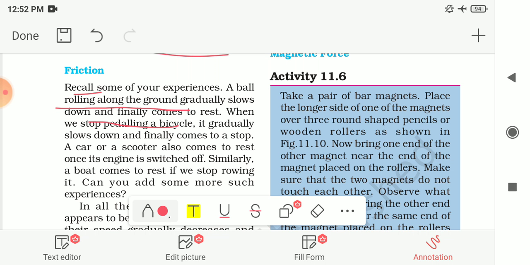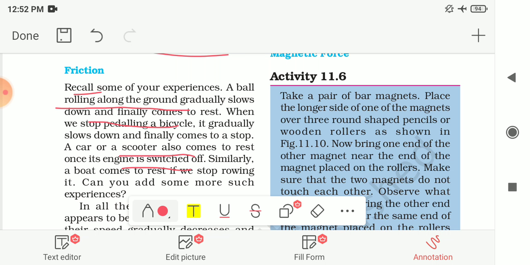When we stop pedaling a bicycle, it gradually slows down and finally comes to a stop. Same with a bus, car or scooter, which comes to rest once its engine is switched off.